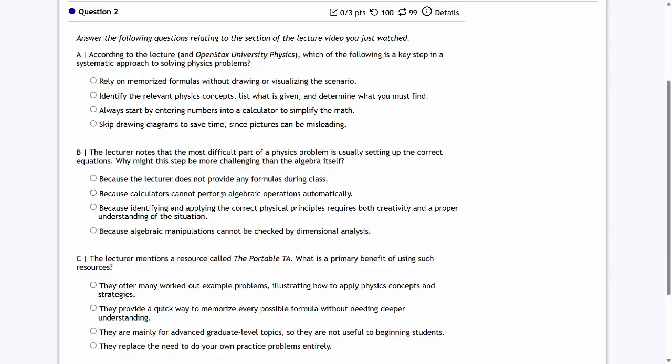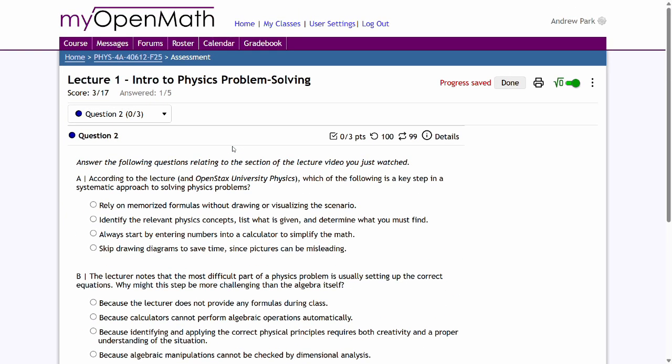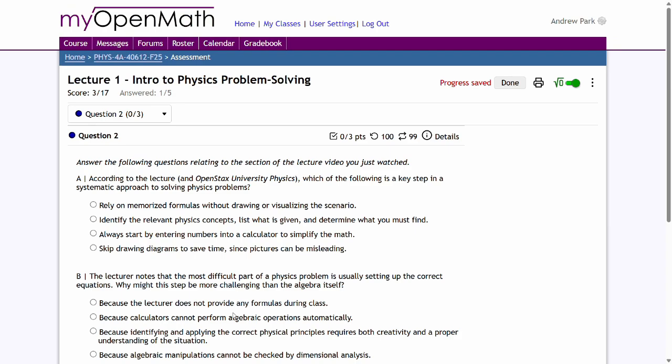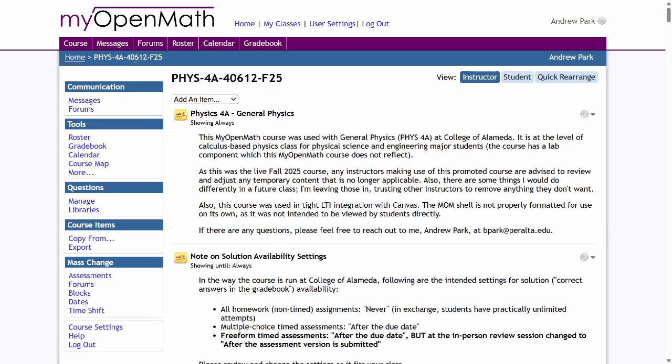I think I want to introduce a new question type where it asks you to recall a lecture quote, a lecture snippet. But I do fully expect I'll be using AI when I generate these questions, because it's done okay with Physics 4A, 4B, and 4C, and I don't see a reason not to use it.